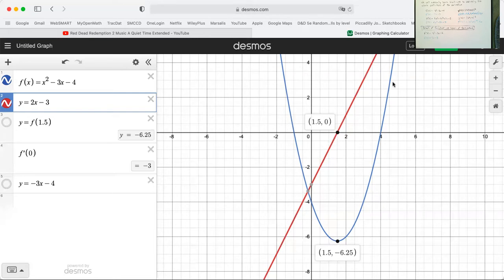And when the function is increasing, the derivative will be positive. When the function is flat, that means that the derivative is going to be equal to 0. Or the other way around, when the derivative is equal to 0, then the function is going to be flat. We'll have a horizontal tangent line. So that's an important connection that we want to make between the graph of the function and the graph of its derivative.